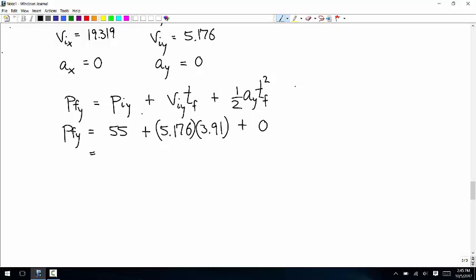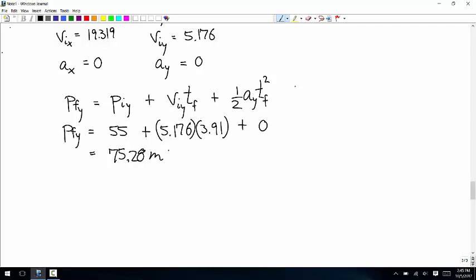And what do you get for this? 75 point something, I think. 75.28 meters is the final position.